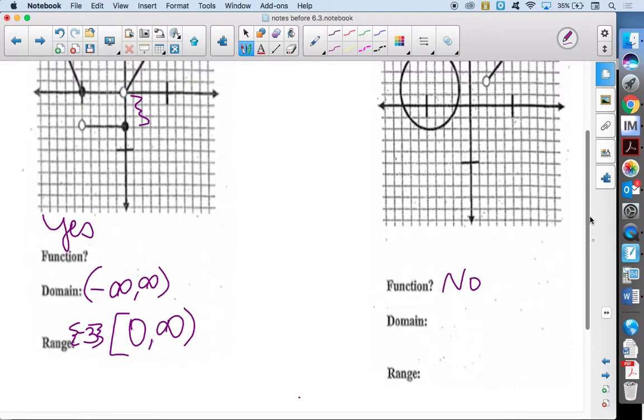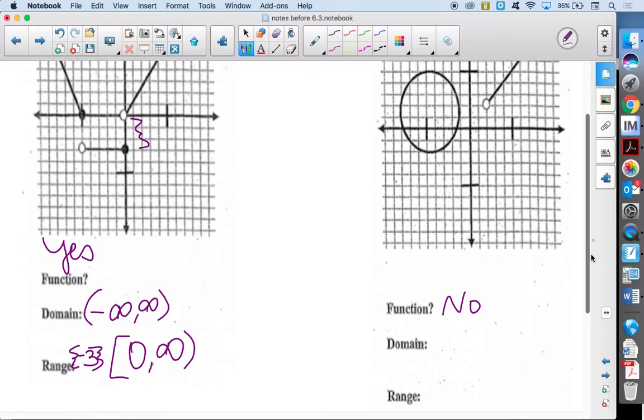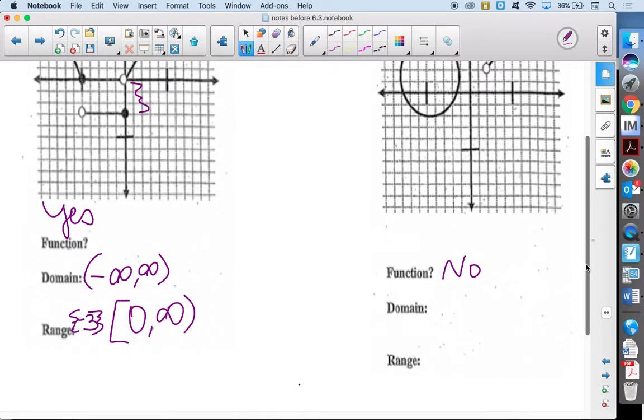How about the domain? So think, where does it start on the left? Where does it go to on the right? How many domains are you going to need? 2. So Ryan, can you give me the domain for the left circular looking shape?